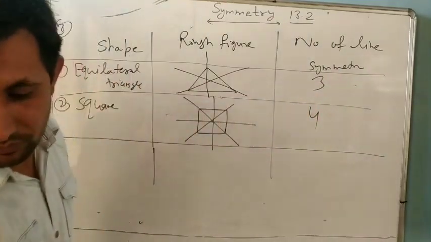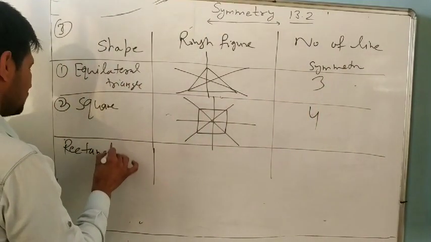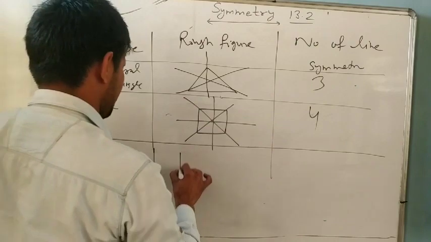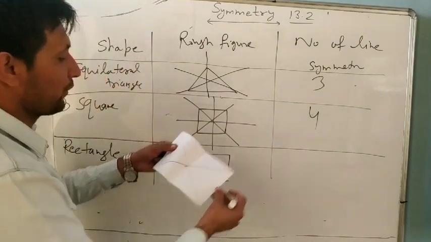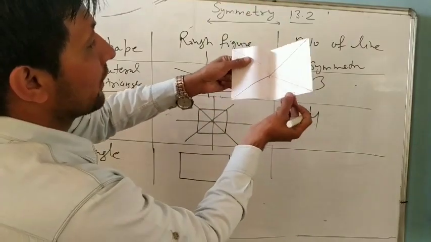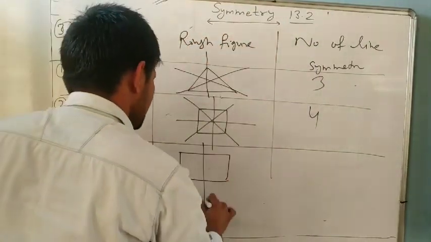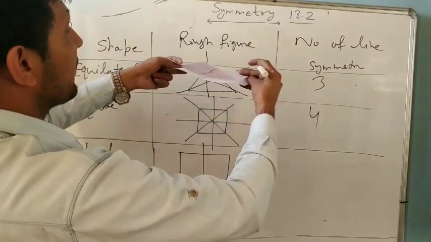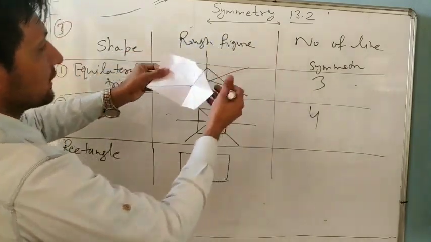Next is a rectangle. You will make a rectangle and find how many lines of symmetry. First is vertical. When we check it, yes, the halves cover each other, which means it is a line of symmetry. Next is horizontal, which is also a line of symmetry.